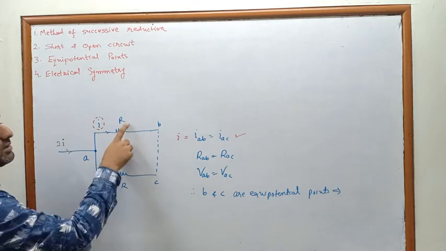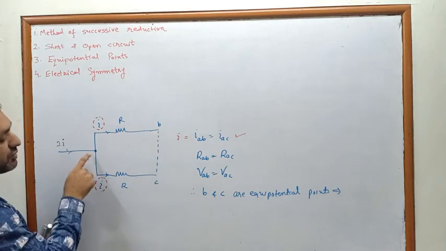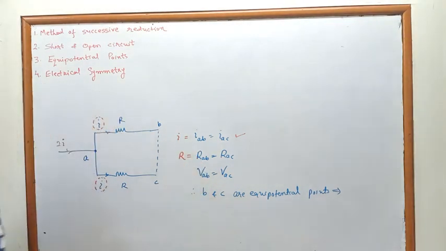Number 2, resistance between A and B and resistance between A and C are same, so R is equal to RAB is equal to RAC.